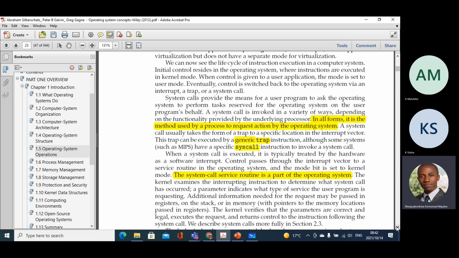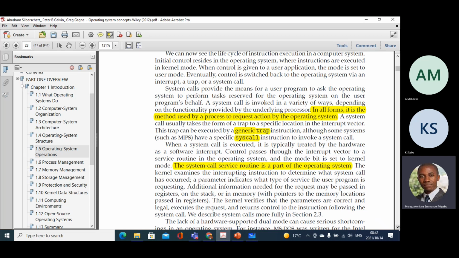Okay, that is very critical to know. It's also the kernel that verifies the parameters' validity, besides the execution of the instruction at the end of the day, in its role of supervisory program, of course.